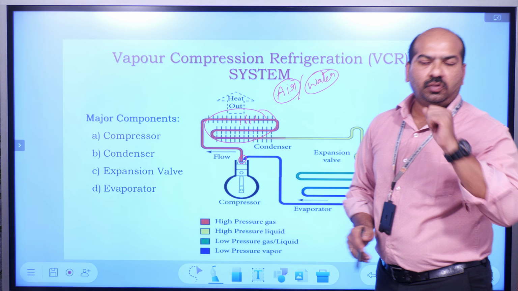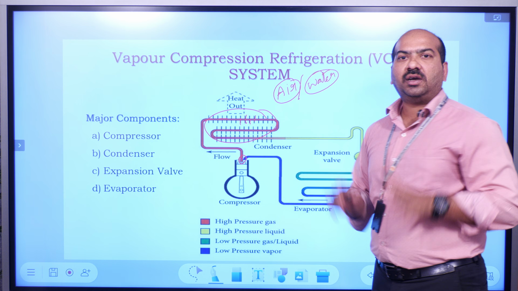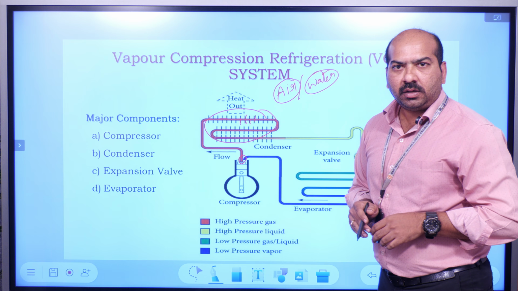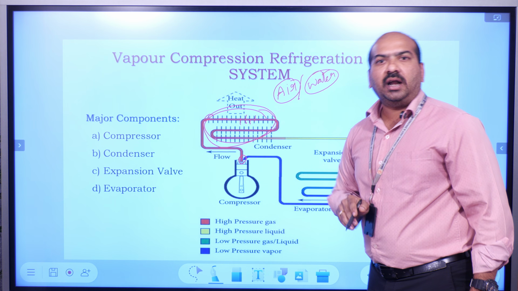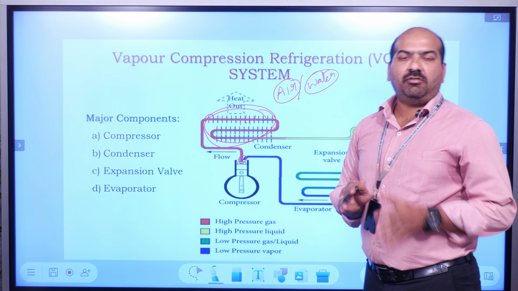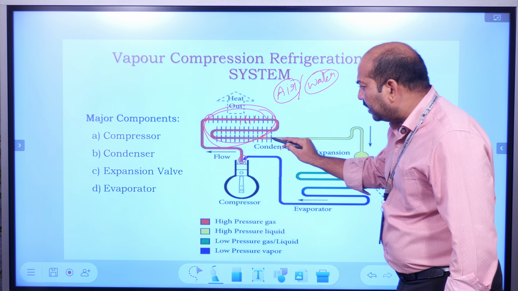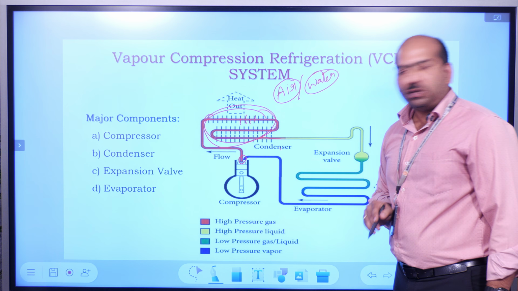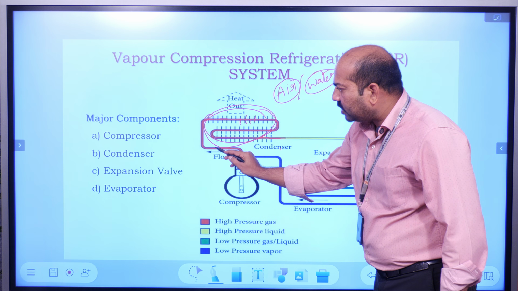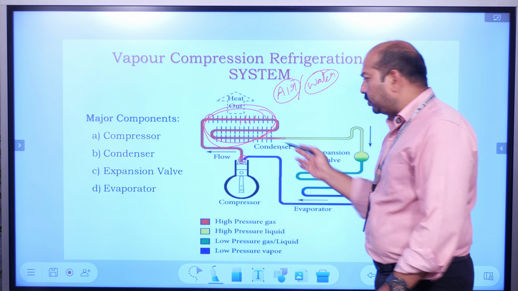So remember, during the ideal vapor cycle process, I already told you the 2 to 3 process is a constant pressure heat rejection. So the phase transformation taking place inside this condenser under constant pressure means there will be no change in pressure. So the condition of the refrigerant leaving this condenser is high pressure liquid. Before the condenser, the refrigerant is in vapor form. After heat rejection, the vapor will be converted into liquid.